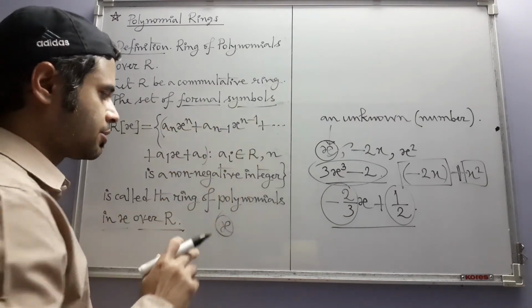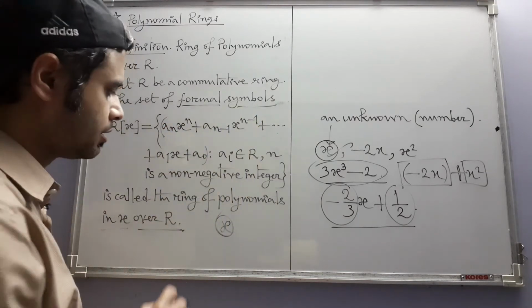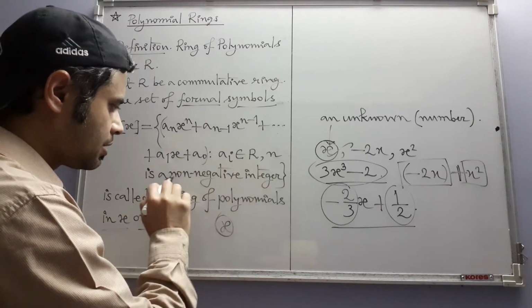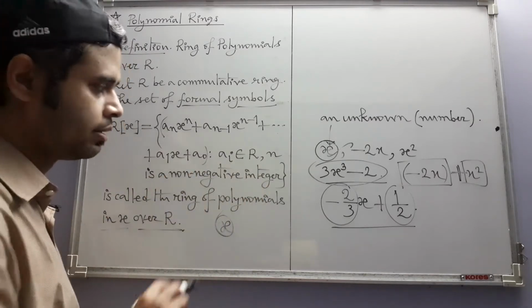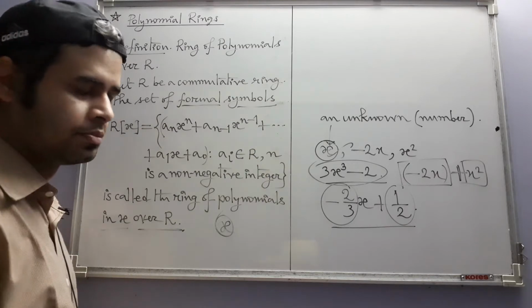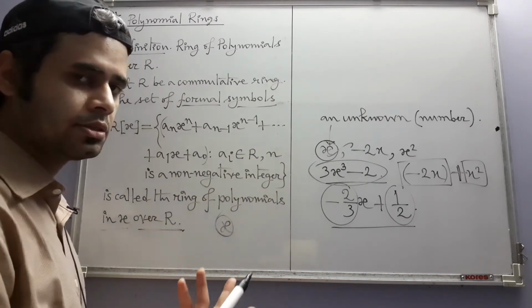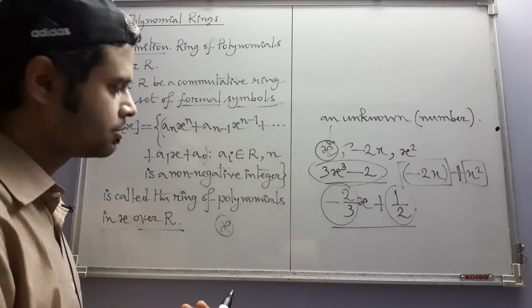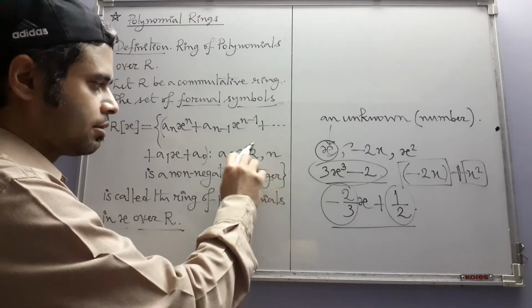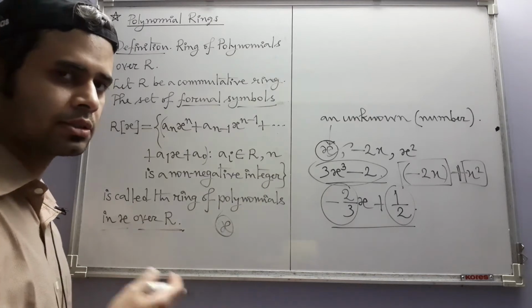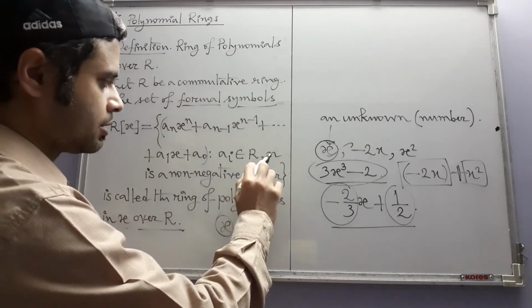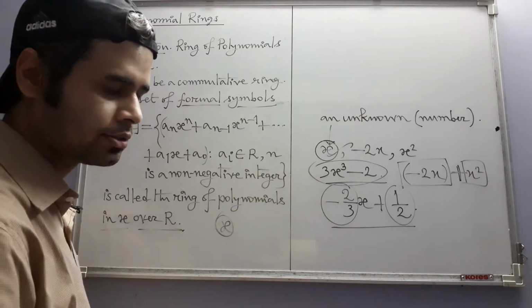These n minus 1, these are integers, and in fact n itself is a non-negative integer. You can change n. The smallest possible value of n is 0. You can take n equal to 0, or you can take a very large value of n, some very big positive integer. So you can take n equal to 100 also.